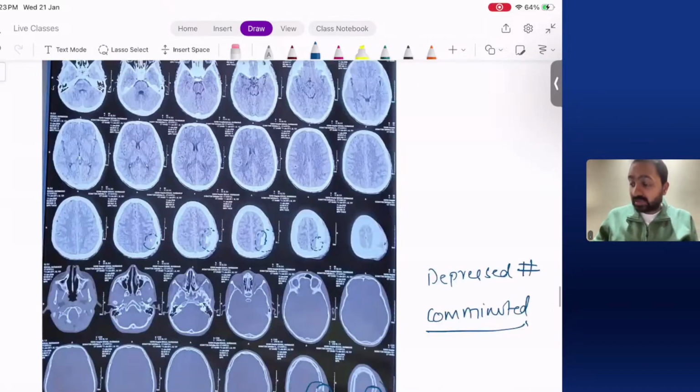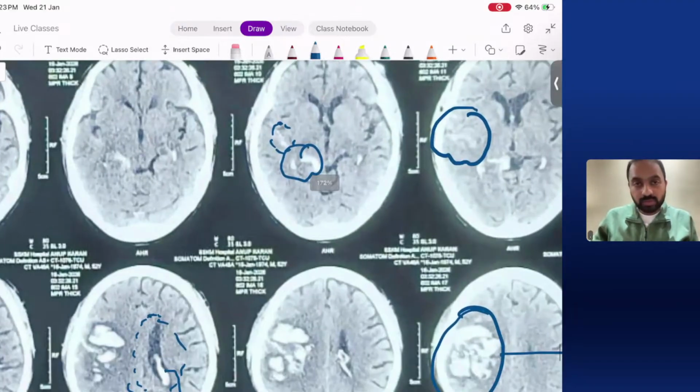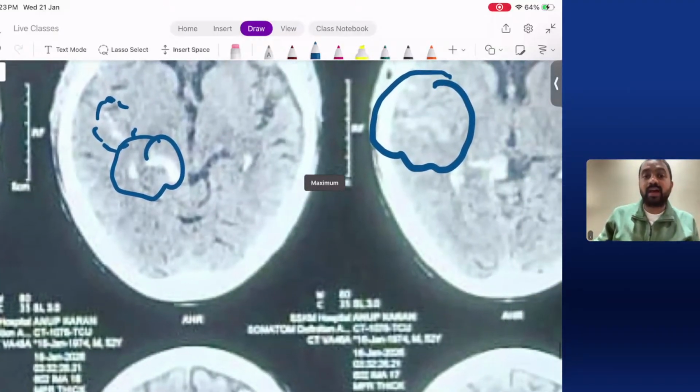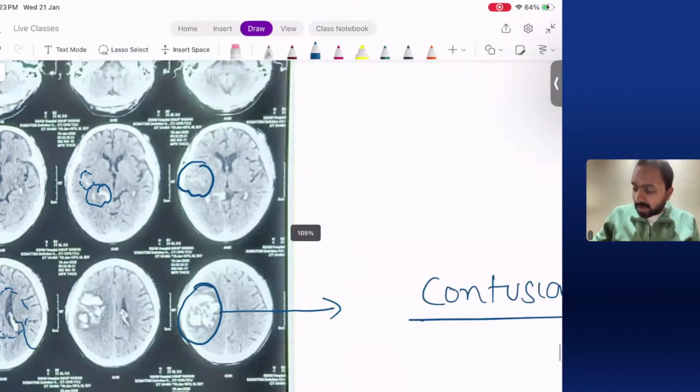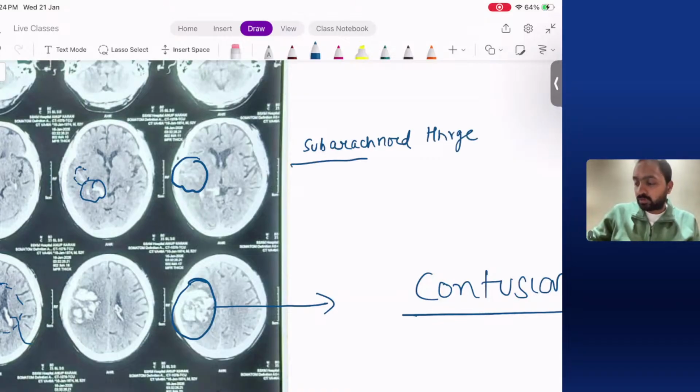Whereas in this particular scan, if I zoom it for you, you can see there is blood in these subarachnoid spaces. So that is your subarachnoid hemorrhage. Now, why is it important that you know this? Because we often associate subarachnoid hemorrhage with aneurysm.